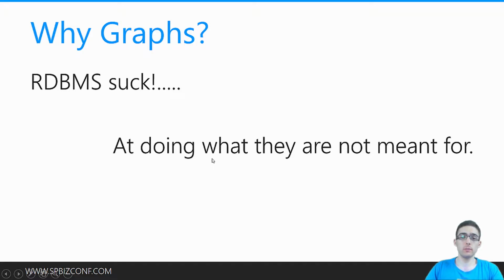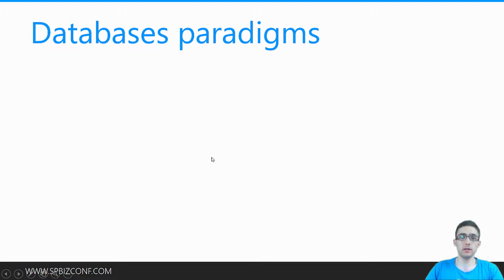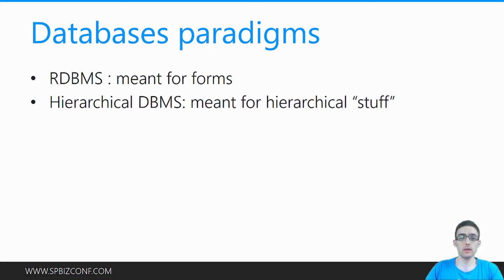So just to recap a little bit about different database paradigms, you have first the most known paradigm for databases, the relational database management system, which was meant for data coming out from forms.